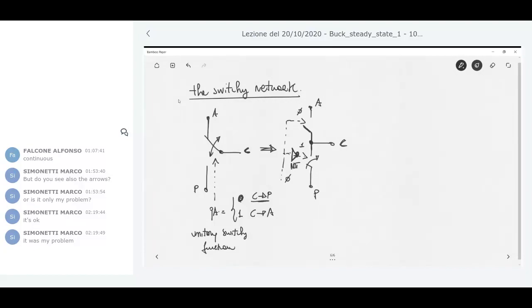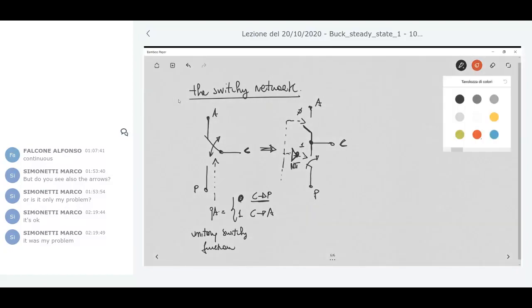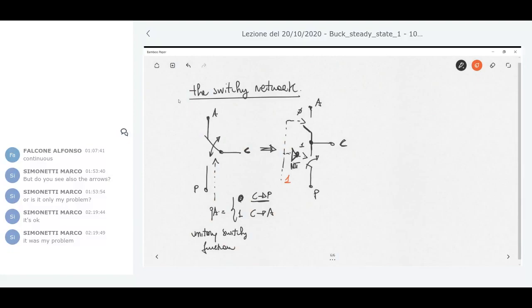Otherwise, when the unitary switching function QA is 1, then you have 1 here, and then you have 0 here, because there is a logical inversion.